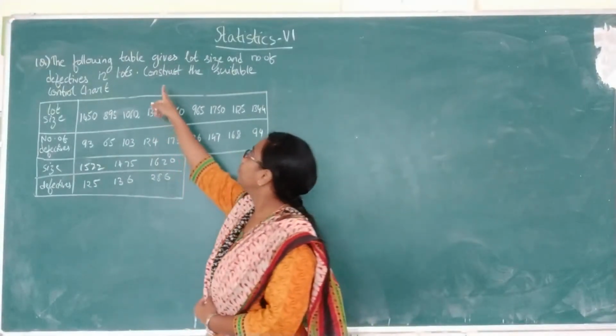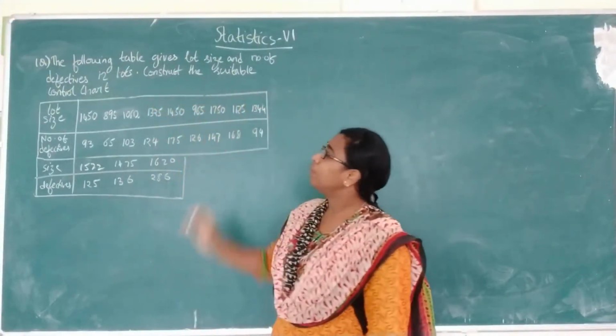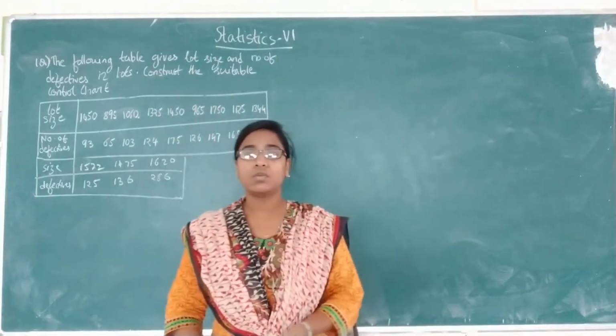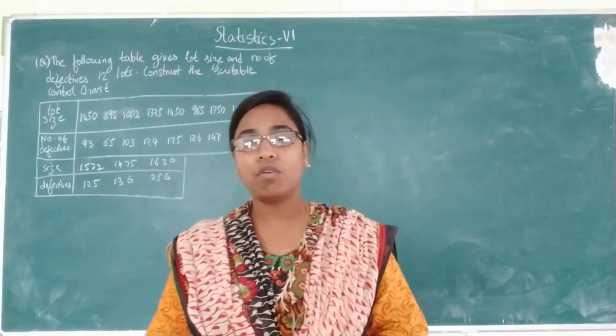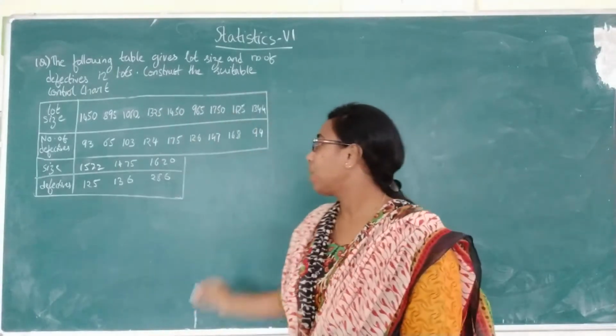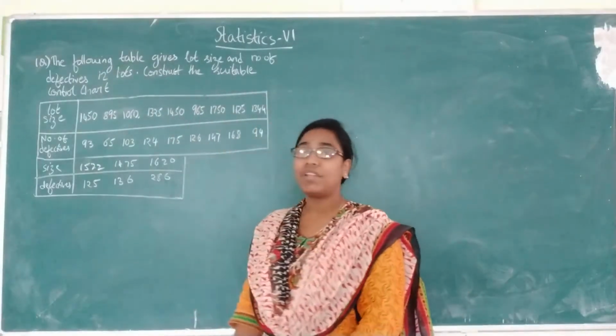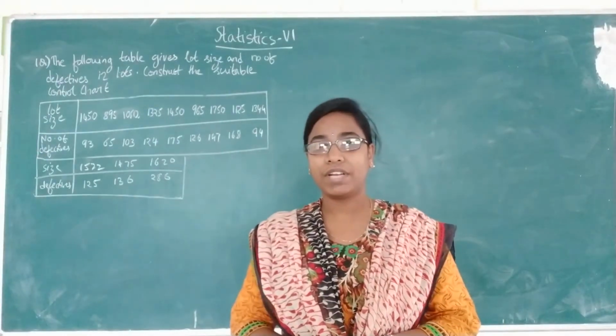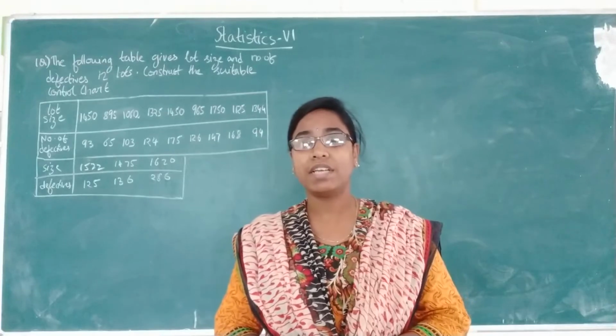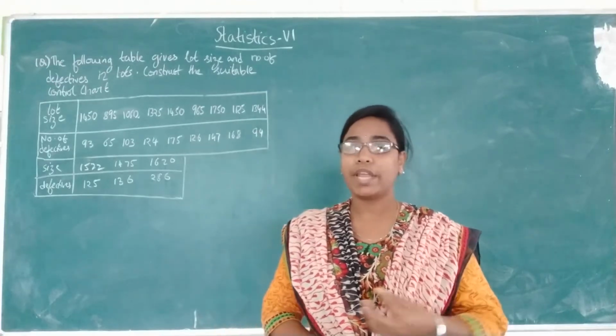So what we have to do is construct the suitable control chart. Here they have not mentioned the name of the control chart. If you observe, you have defectives, so while calculating defectives you can use either the P chart or NP chart.